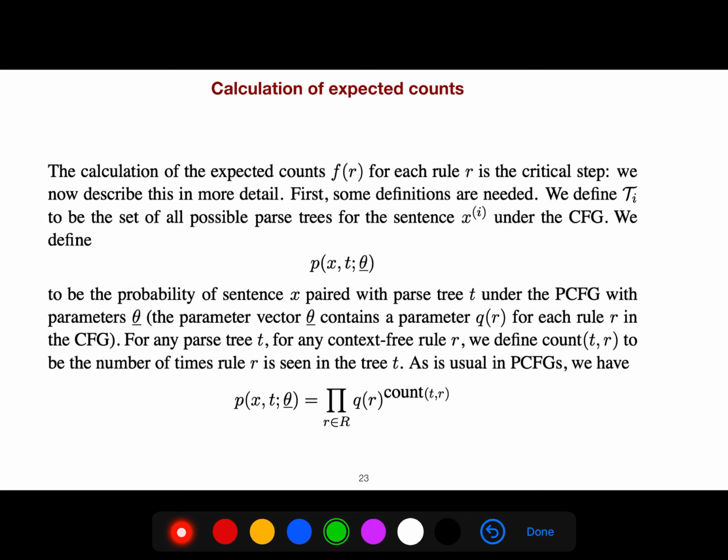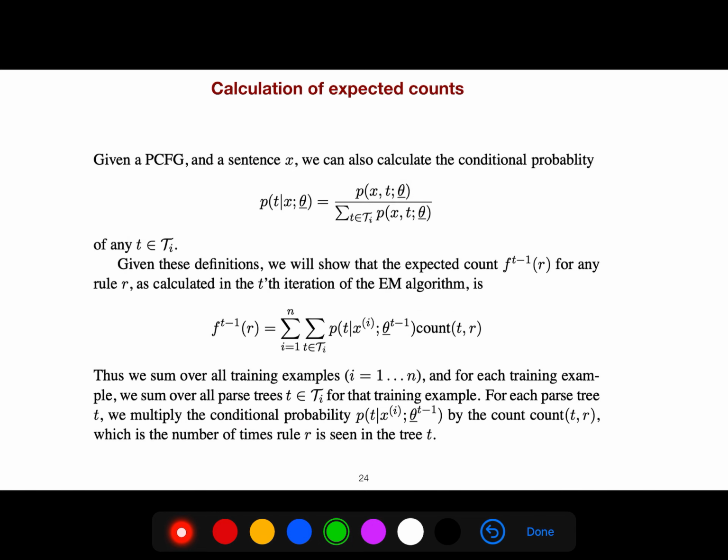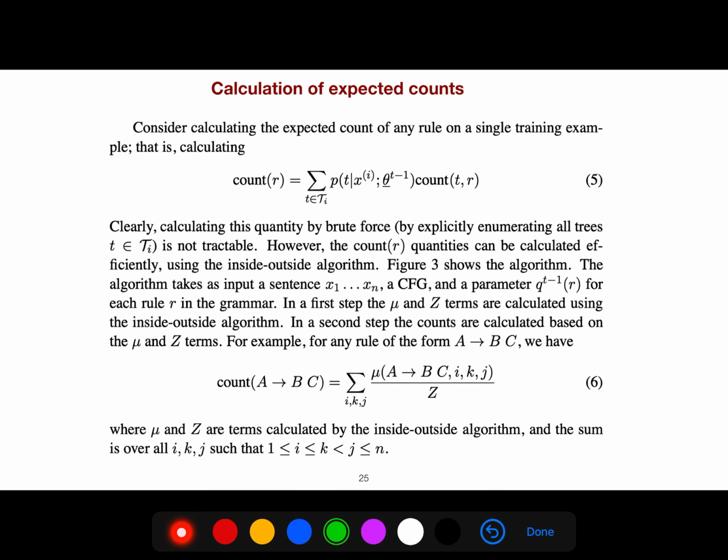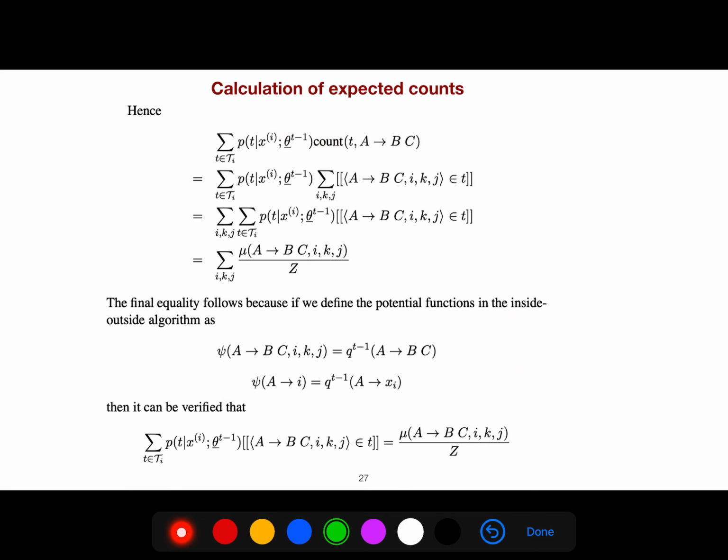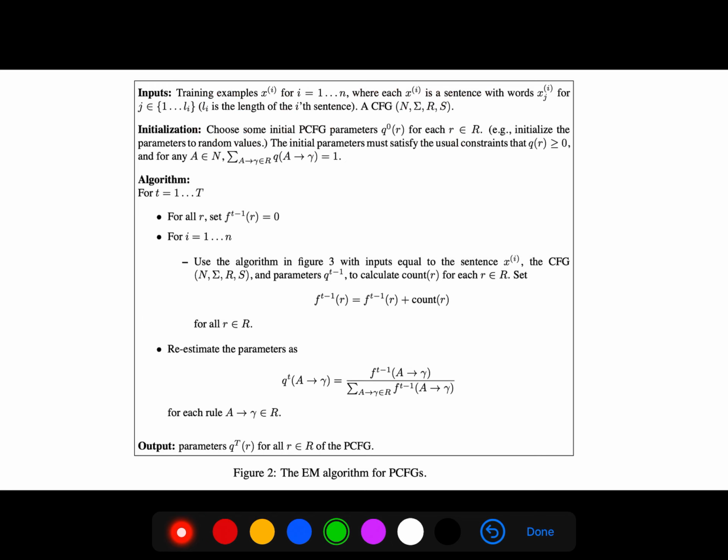For example, we can calculate the probability using just this counting, so we can take advantage of this idea of dynamic programming, and this is the expectation maximization algorithm for probabilistic context-free grammar.